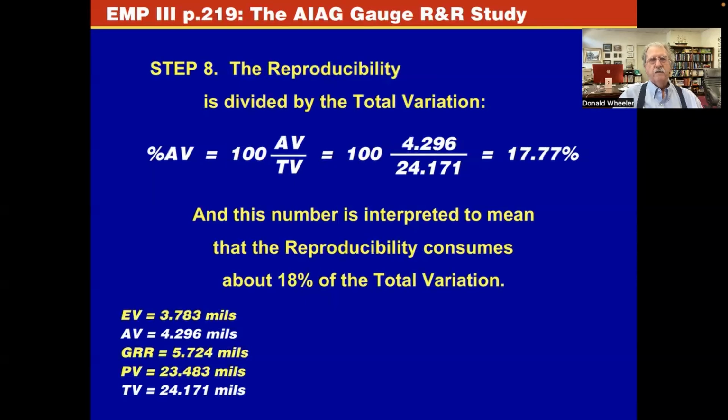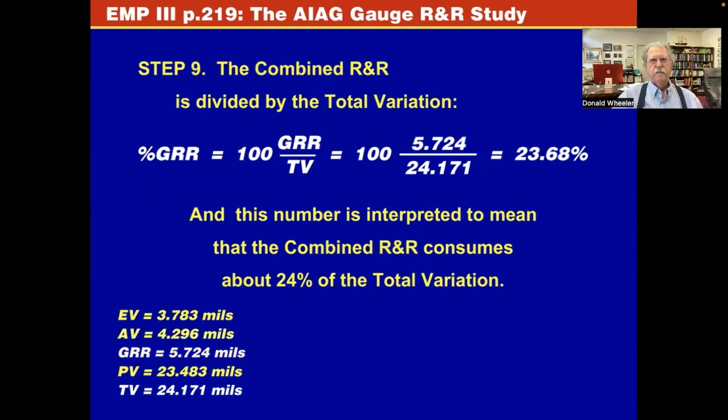Step 8, the reproducibility is divided by the total variation, 4.3 over 24.2. And this number is interpreted to mean that the reproducibility consumes about 18% of the total variation. Step 9, the combined R&R is divided by the total variation, 5.7 over 24.2.